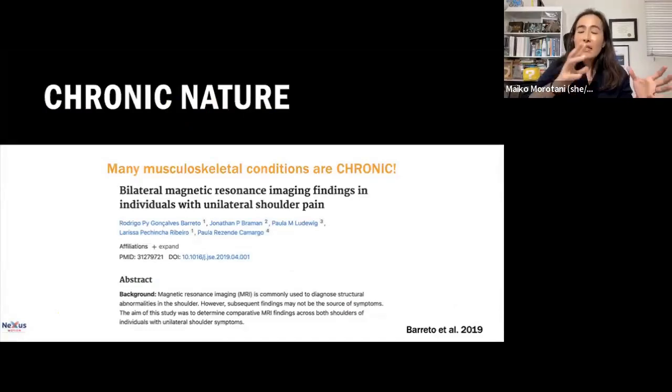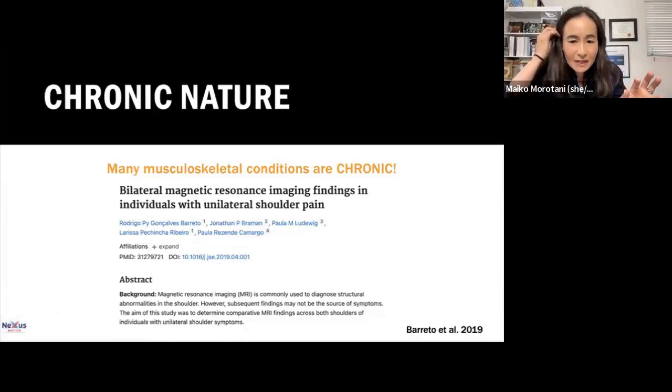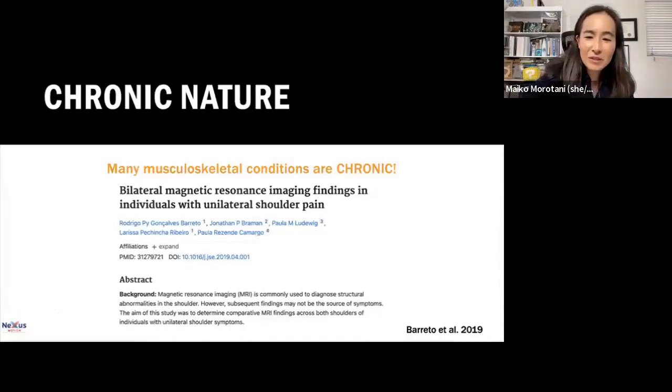But what they did was they took MRI imaging of both shoulders and found out that, yes, both shoulders have abnormal MRI findings. Just the frequency of full thickness tears of the rotator cuff and the glenohumeral osteoarthritis were a little bit higher by maybe about 10% in the symptomatic shoulder compared to the surgeon's findings.